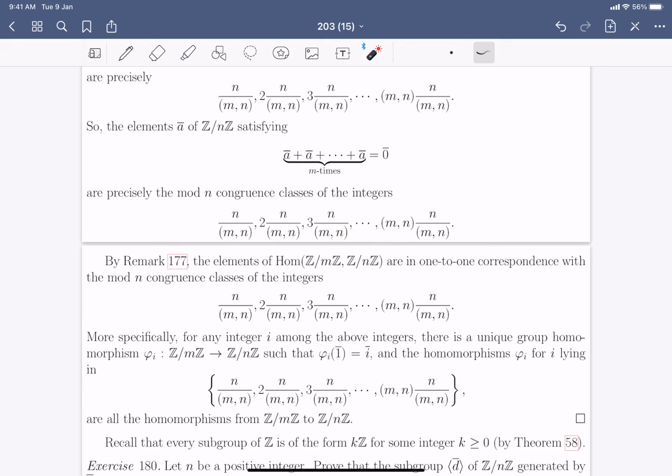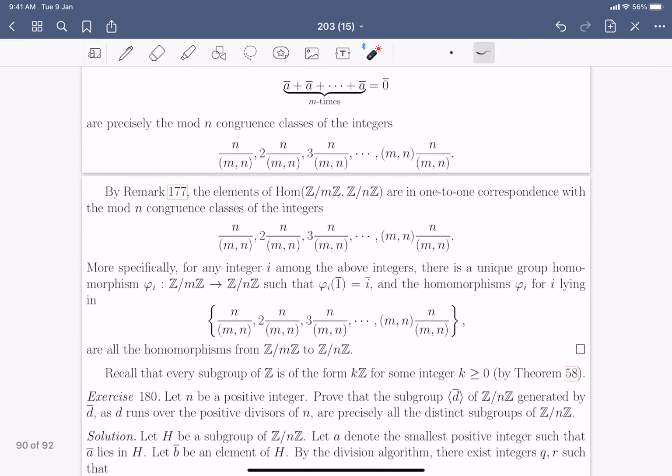Now we know that the elements of this Hom set are in one-to-one correspondence with the mod n congruence classes of these integers, because they are in one-to-one correspondence with the elements a bar of Z mod nZ which, when added to itself m times, give us 0.